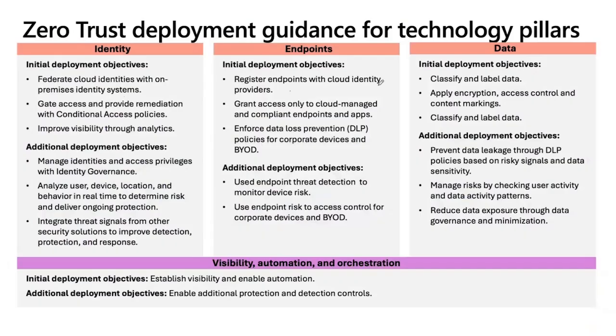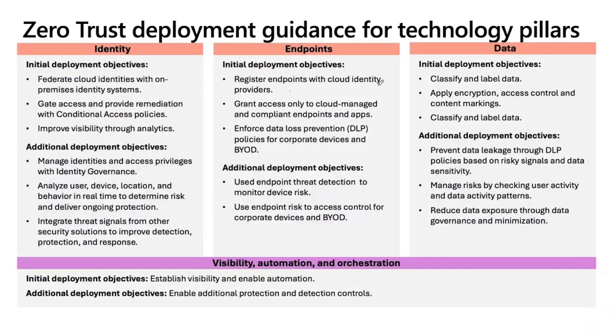We can also enforce DLP, data loss prevention, and we can apply proper device and BYOD policies. Also, in additional deployment, we can move towards higher protection related to endpoint threat detection. We can also monitor device risks. These are different components that we see under the endpoint security options.